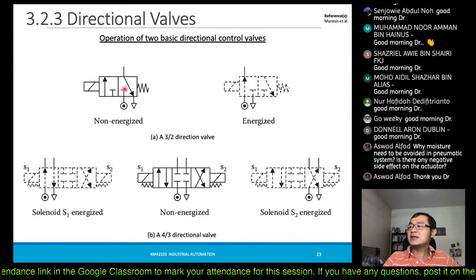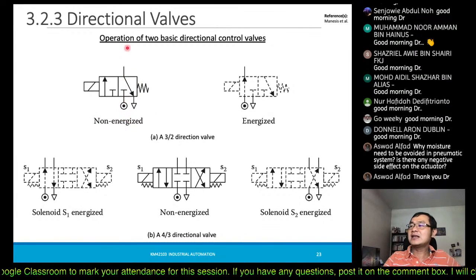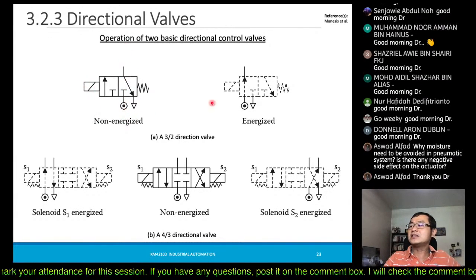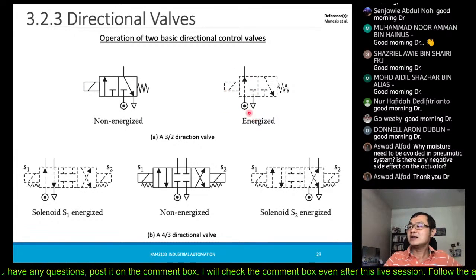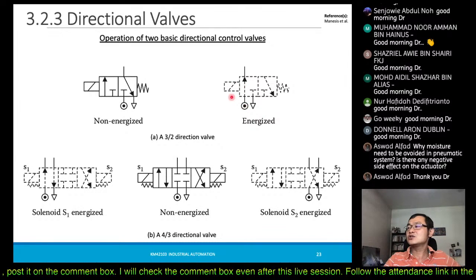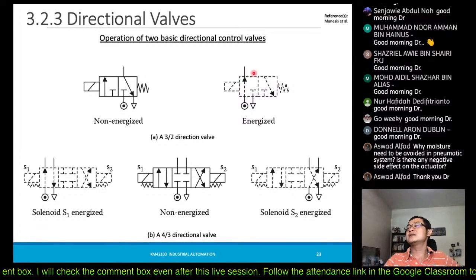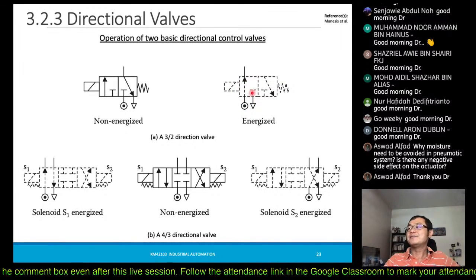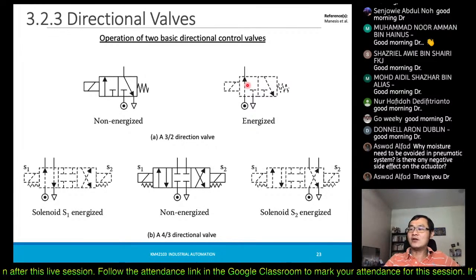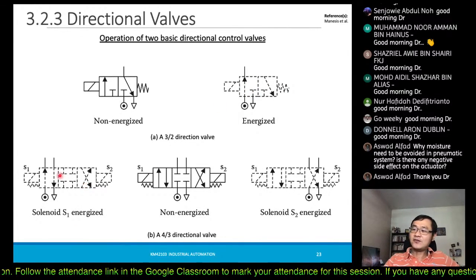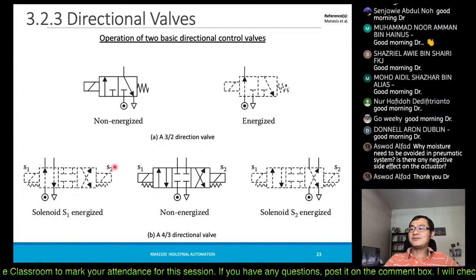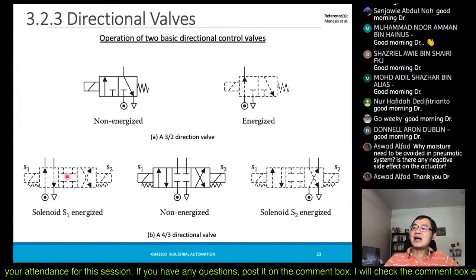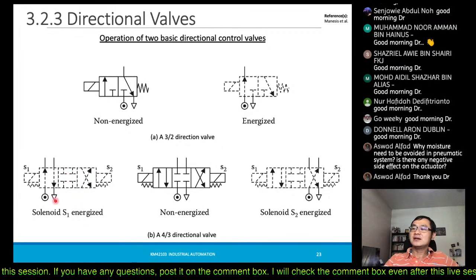And this is when the solenoid is non-energized, and this is where it is being energized, as I mentioned previously, right? So when this is connected to this side and it energizes this solenoid, this state of operation will be activated. Same thing for the three-way, okay. Then you will have two solenoids, okay. Then how would this operate?